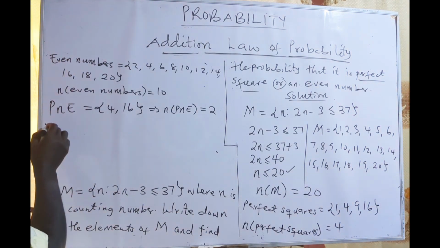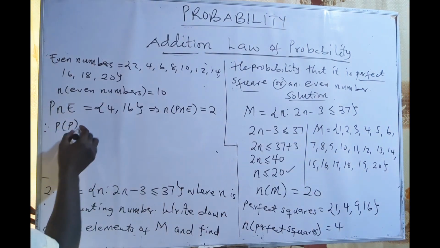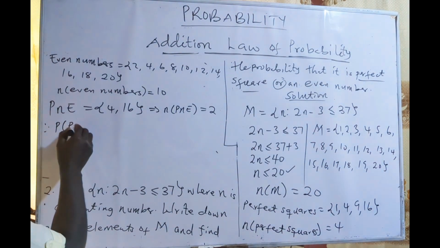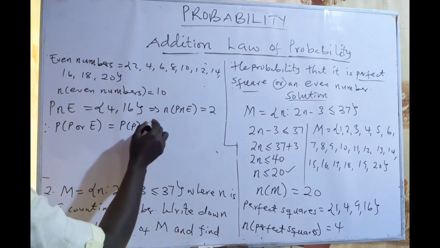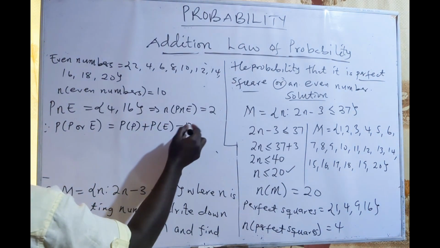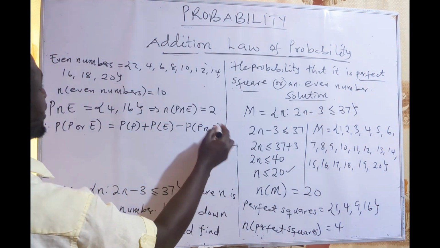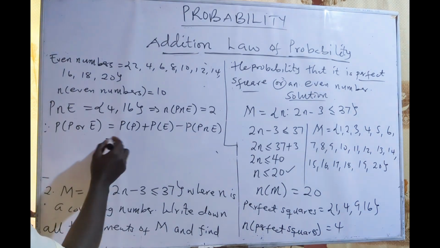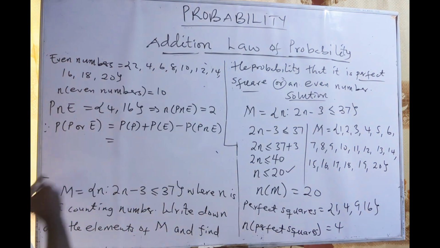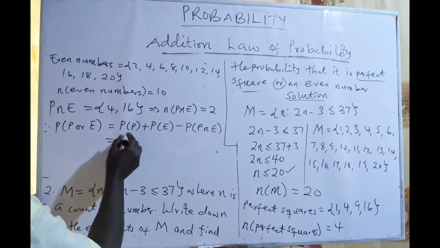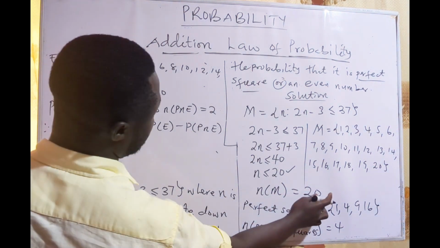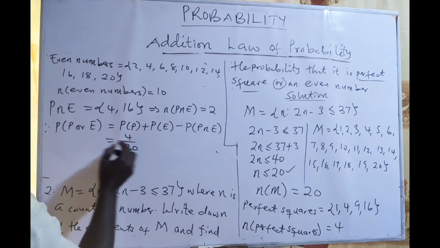Therefore, the probability of perfect or even is the probability of perfect plus the probability of even minus the probability of perfect intersection even. What's the probability of perfect? How many? 4, over the set of 20.